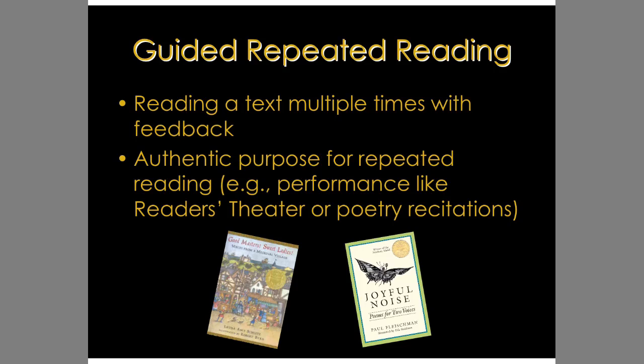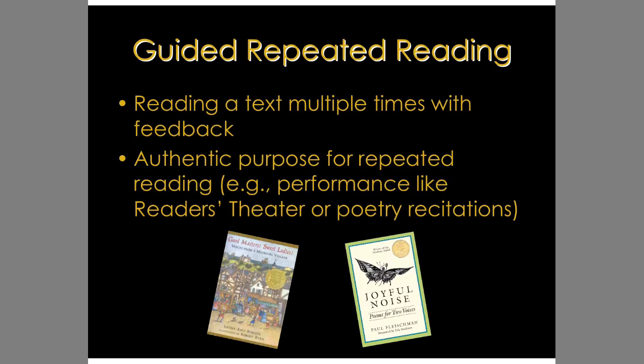Another book that won the Newbery Medal as well is called Joyful Noise, Poems for Two Voices, and that is a collection of poems that are written from the point of view of different insects like butterflies and water bugs. And what's fun about them is that the poems involve two children reading aloud. So the children read as partners, and sometimes one child will be reading aloud and the other child will then take a turn reading aloud, but sometimes they're actually reading together.